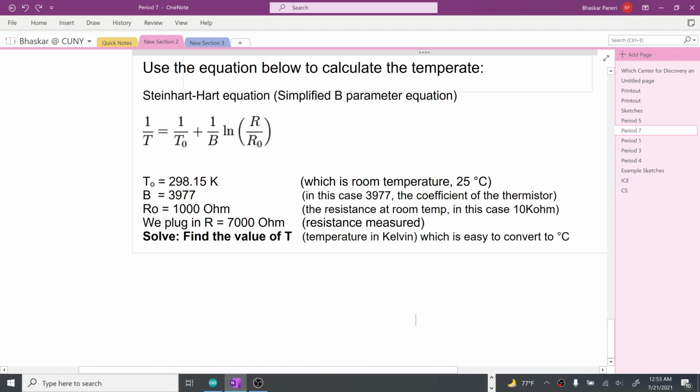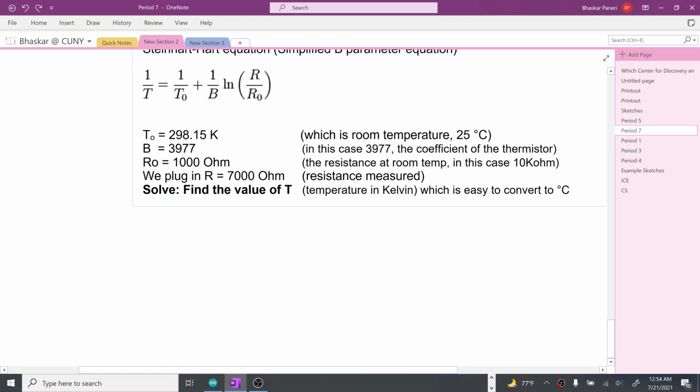In this video, I am going to be showing you how to solve this thermistor equation and get the value of the temperature. So the first thing that I'm going to do is copy down the equation so I know what I am solving for.